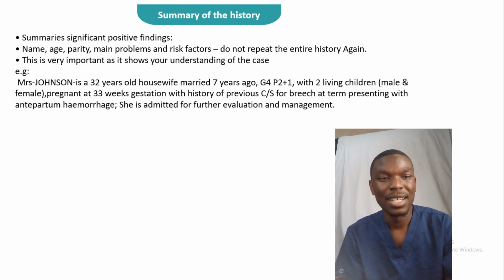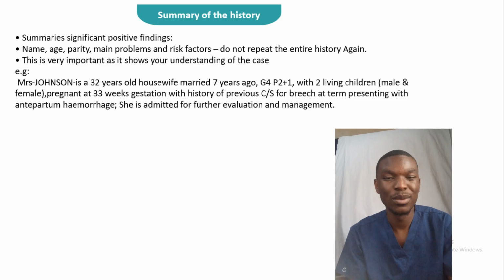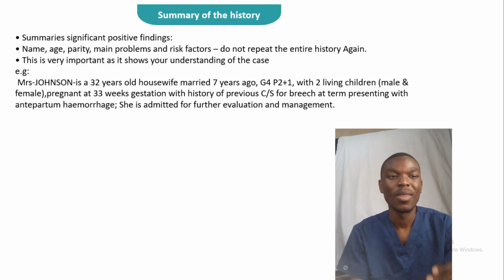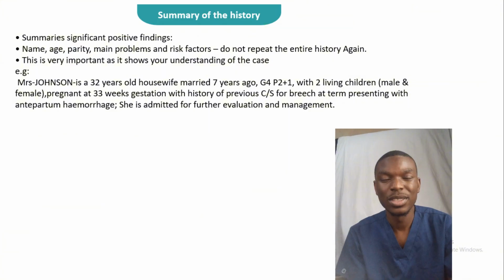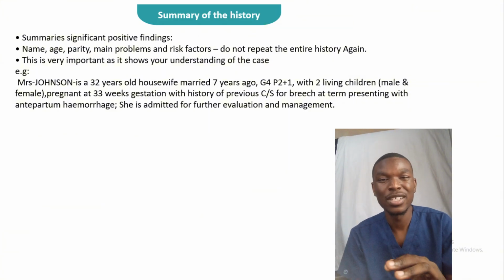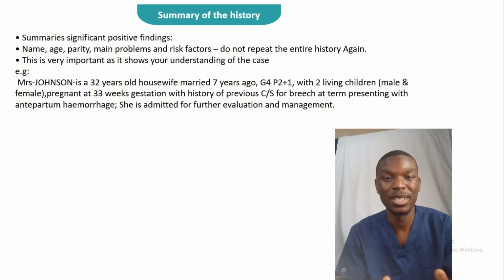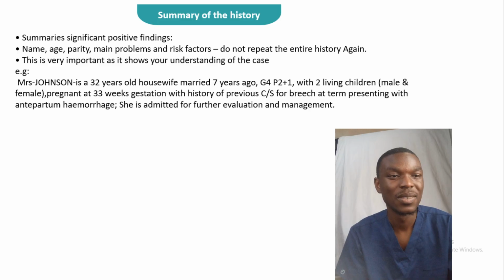Then you indicate she had a cesarean section, and the reason was a breech presentation. Breech presentation simply means the presenting part wasn't the head. I'll explain more about breech presentation in other videos.